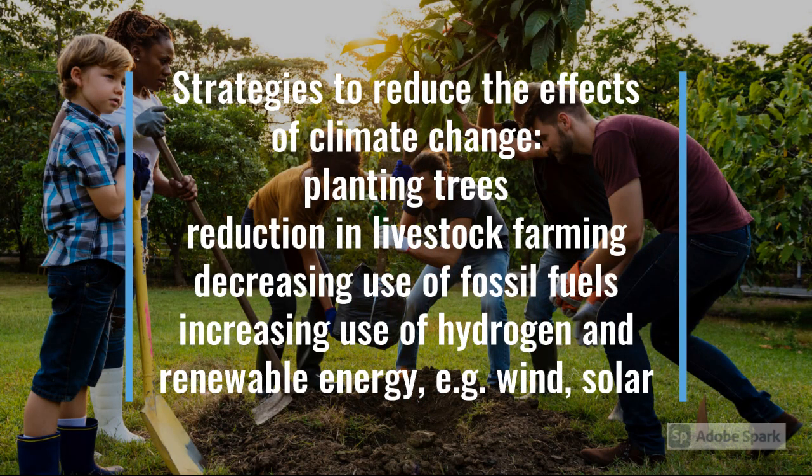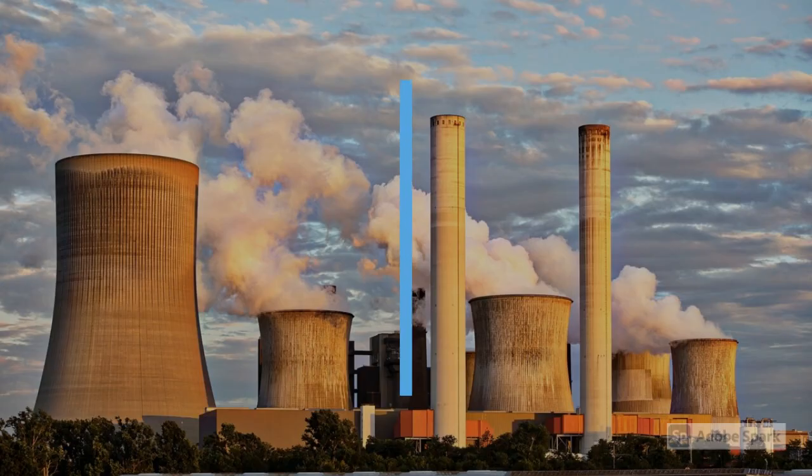You'll see ever more strategies that are being implemented by governments to reduce the effects of these environmental issues, climate change. Planting trees, reducing our reliance on livestock farming, decreasing our use of fossil fuels, increasing our usage of hydrogen and renewable energy sources such as wind and solar will help us tackle climate change.